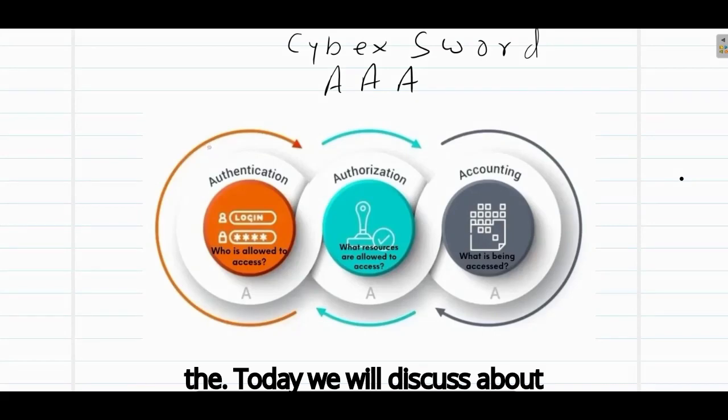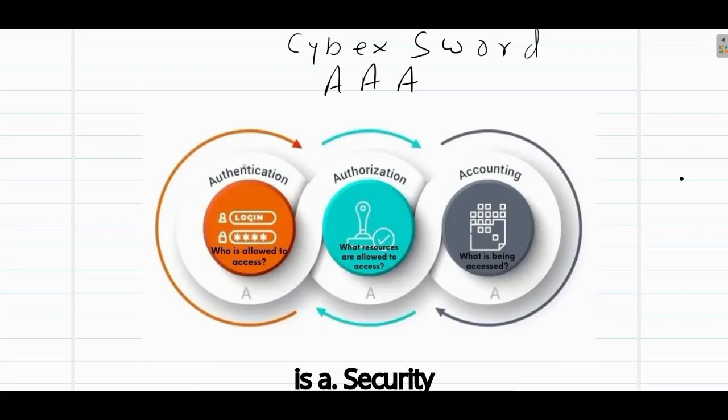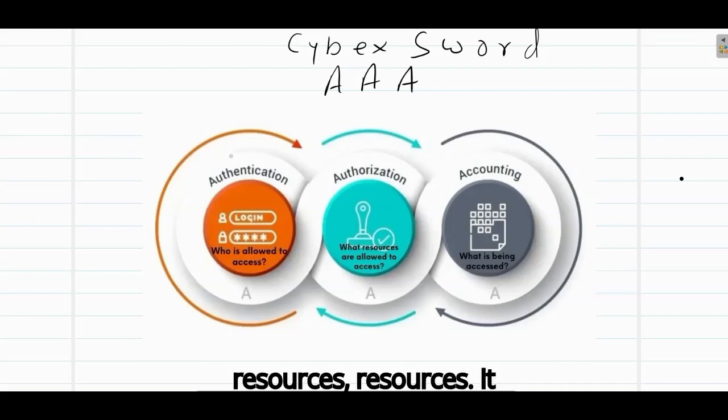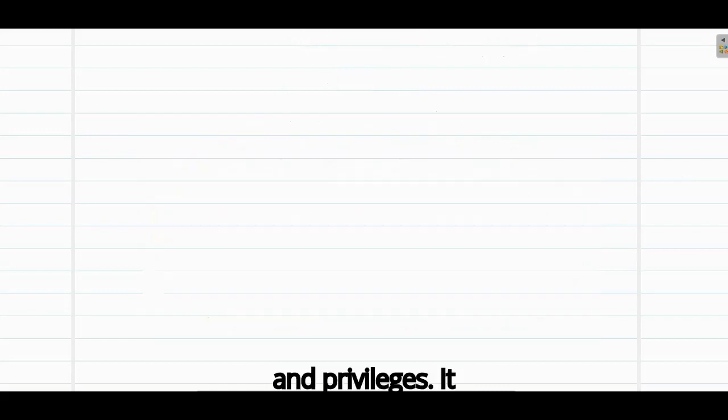Today we will discuss AAA: Authentication, Authorization and Accounting. It is a security framework that controls and tracks access to computers and computer resources. It enforces policies, audits usage and privileges.